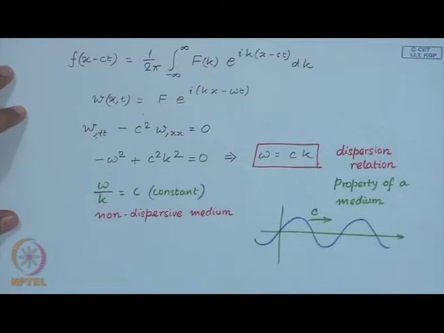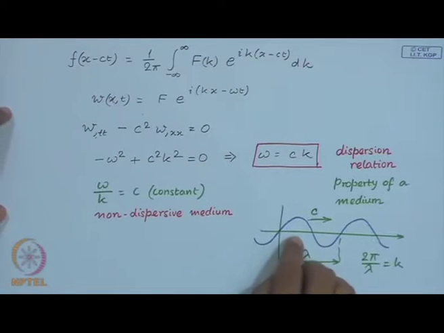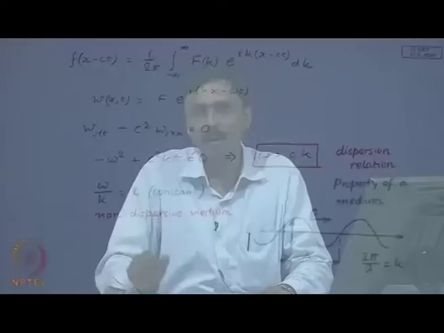There is a definite length lambda, and 2 pi over lambda is the wave number, and there is a definite frequency associated. If you look at a particular point of the medium, let us say this point, then the point of the medium is oscillating at this location as the wave moves. So, there is a definite frequency associated with this oscillation. These are the two things that are associated with a propagating harmonic wave.